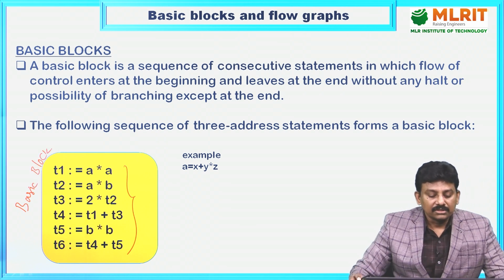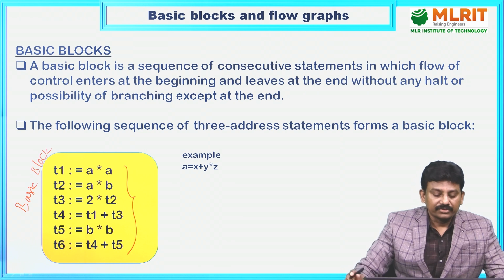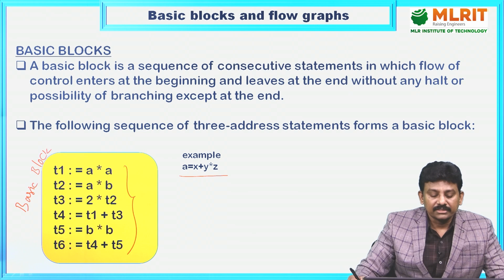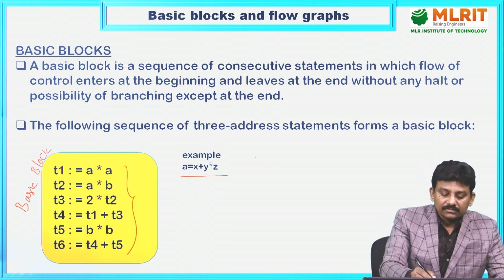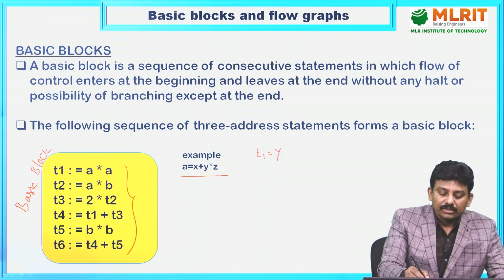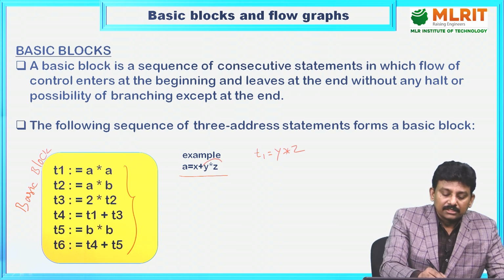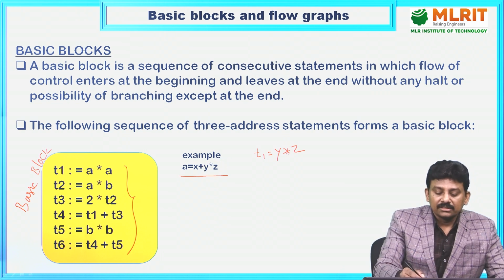The following sequence of 3 address statements forms a basic block. A basic block contains a sequence of 3 address statements. For example, in the source code, A = X + Y * Z is a statement, but it is not a 3 address statement. Now we convert this expression into 3 address statements. I take a temporary variable T1: T1 = Y * Z. This expression is evaluated first, and the result is assigned to temporary variable T1.